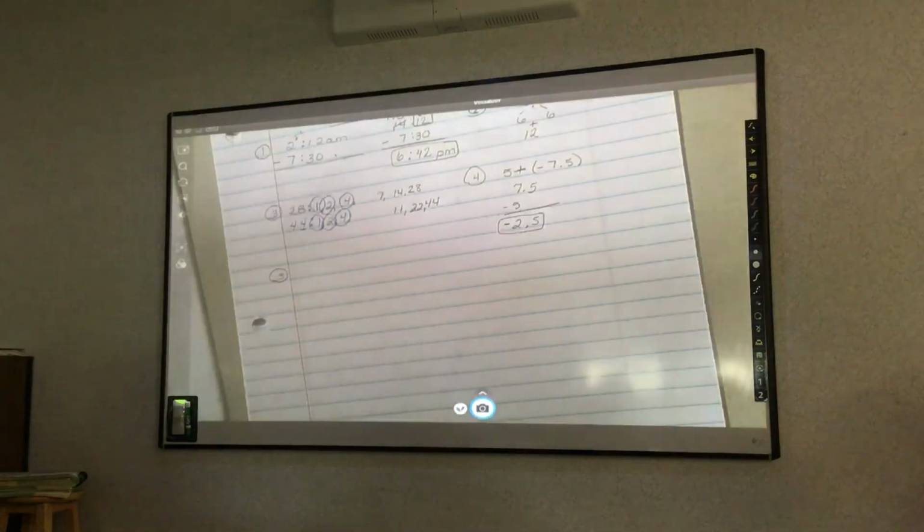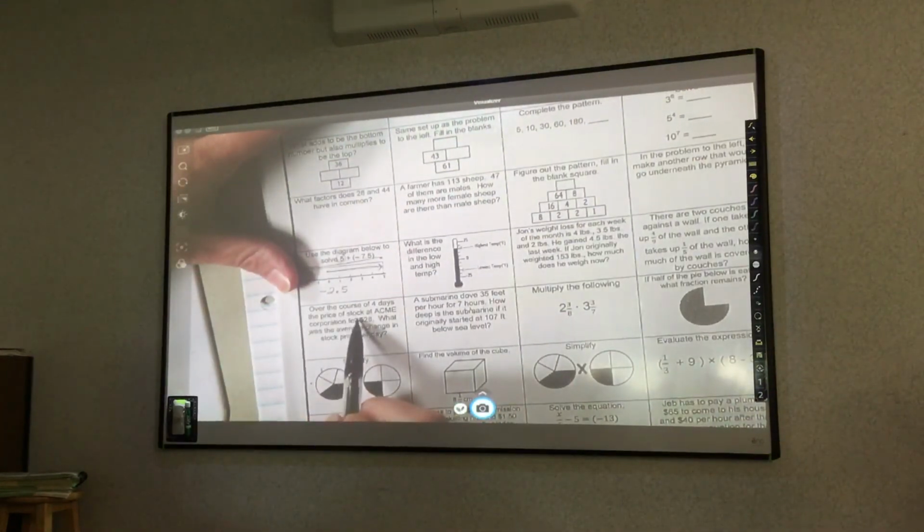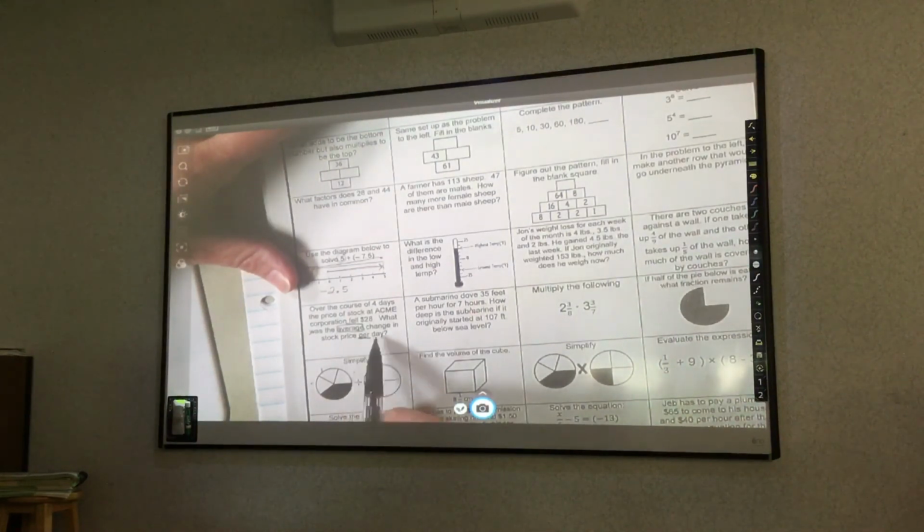Number 5, over the course of 4 days, the price of stock at Acme Corporation fell $28. What was the average change in stock per day? I told you guys, if you ever see per day, it's either multiplying or dividing. Well, what's my amount that it fell? 28.